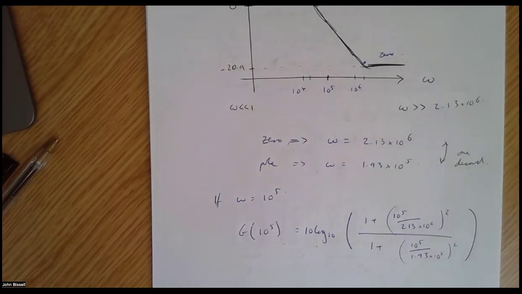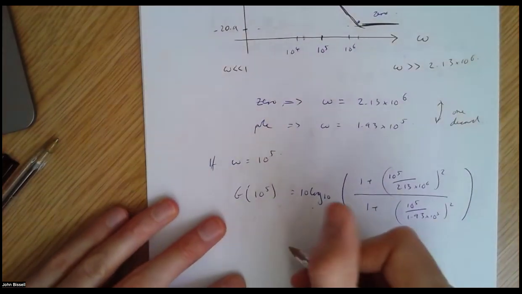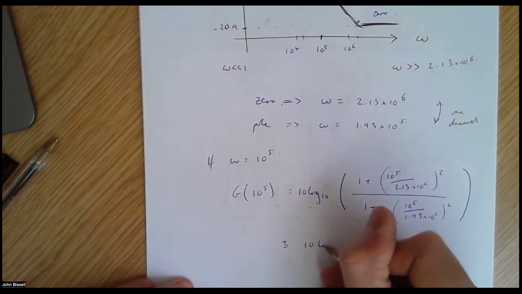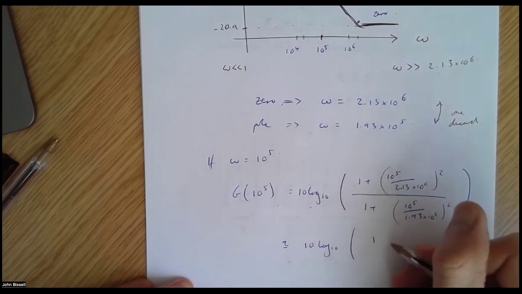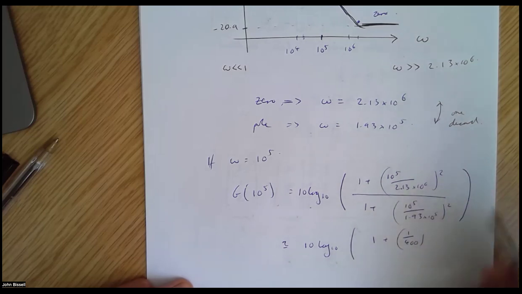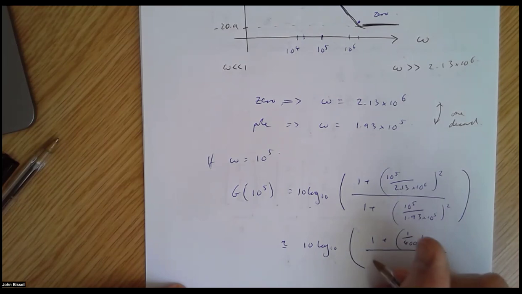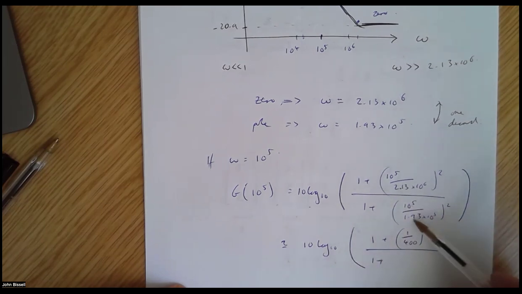Okay. I think that's going to be roughly 10 times log to base 10 of 1 plus 1 over 400, because 10 to the 5 divided by 10 to the 6 is 1 over 10, times 2 is 1 over 20, squared is 1 over 400, over 1 plus 10 to the 5 divided by 1.93 times 10 to the 5, which is about 1 over 2 squared.